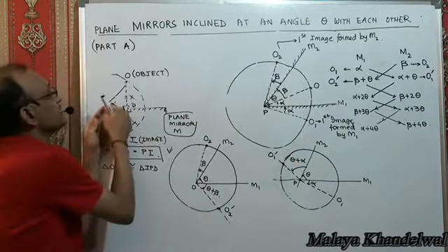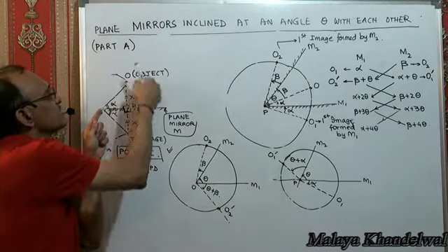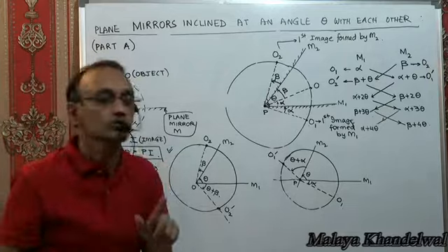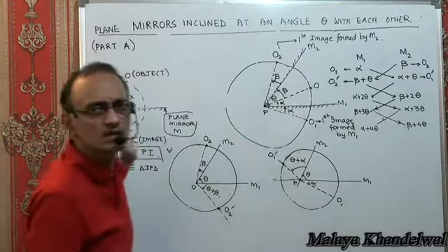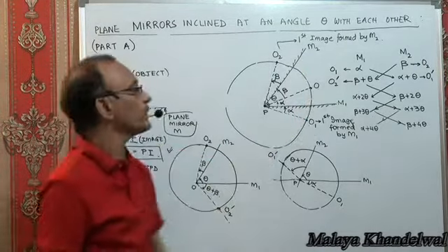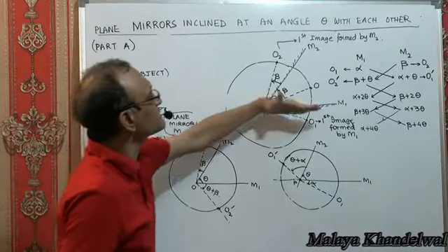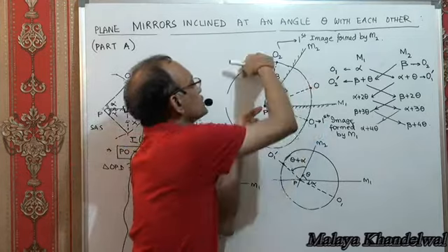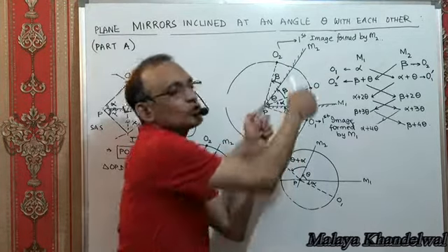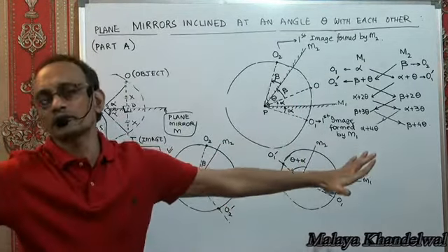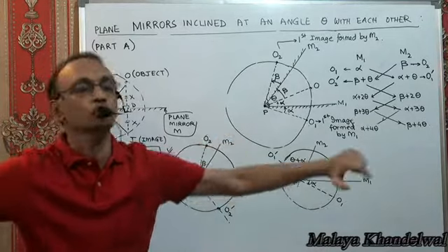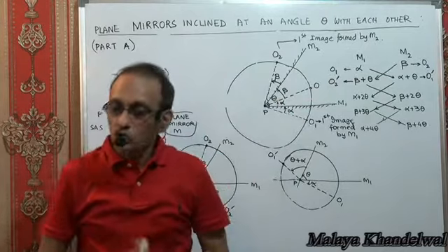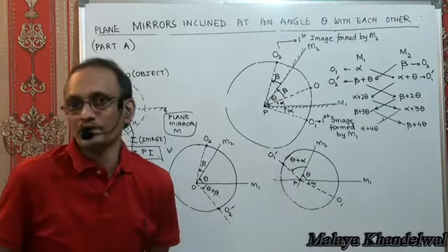That's exactly what I mean. This is an extension of this idea. So whether it's M1 or M2, if I join O and P and draw a circle centered at P with radius OP, then all images, whether formed by M1 or by M2, will lie on this very circle. So the images would be concyclic points.